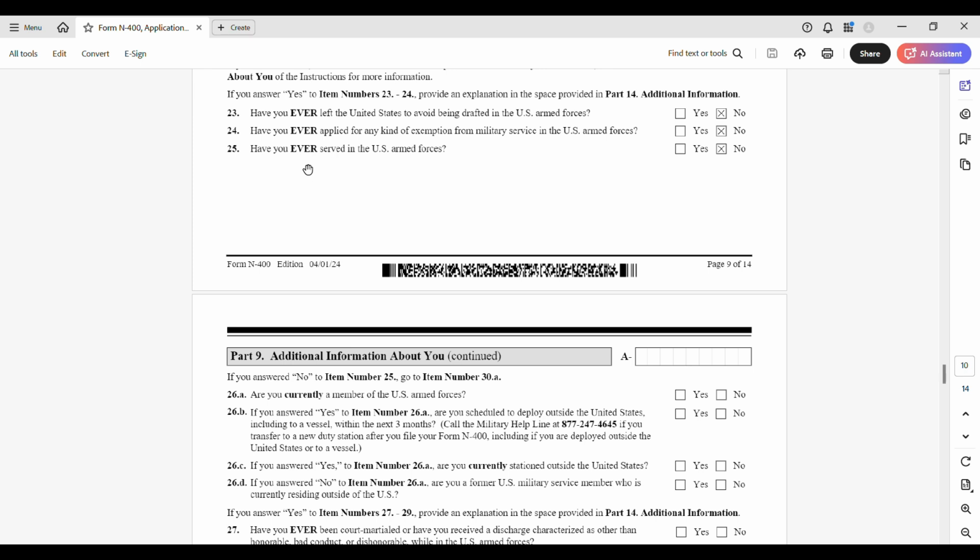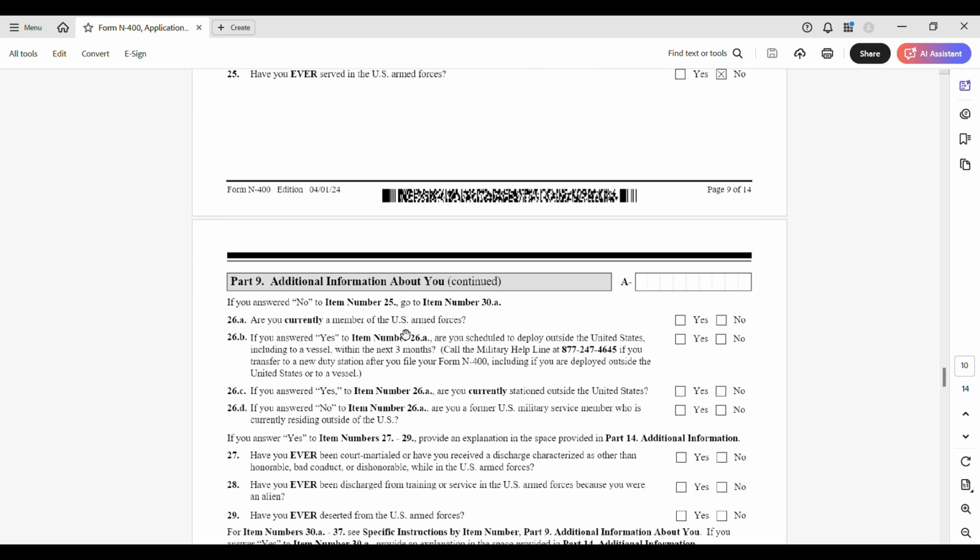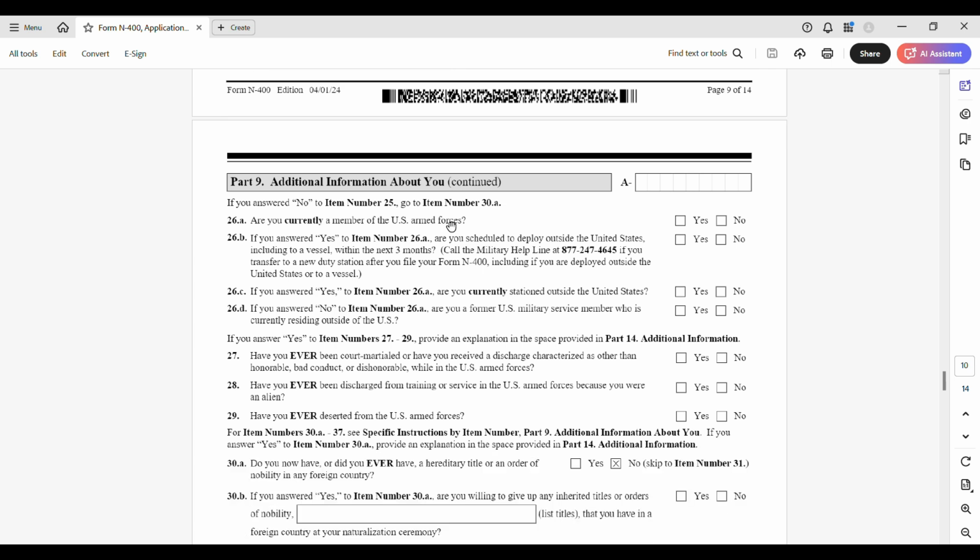Have you ever served in the U.S. Armed Forces? So we answered no to that. So we are going to go to item number 30. If your answer is yes, then you would need to provide information for these sections prior to going on to number 30A.